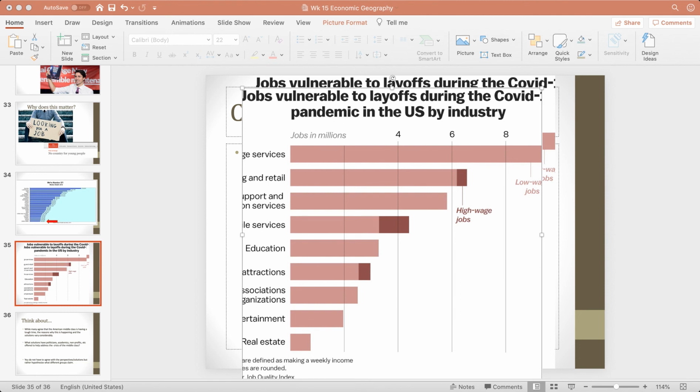These are all service jobs, and these are all the ones that are the most vulnerable to layoffs during the COVID-19 pandemic. So these are jobs that are vulnerable to being lost. And a lot of them, again, are lower wage jobs. So you don't really have that savings that you can dip into to survive.